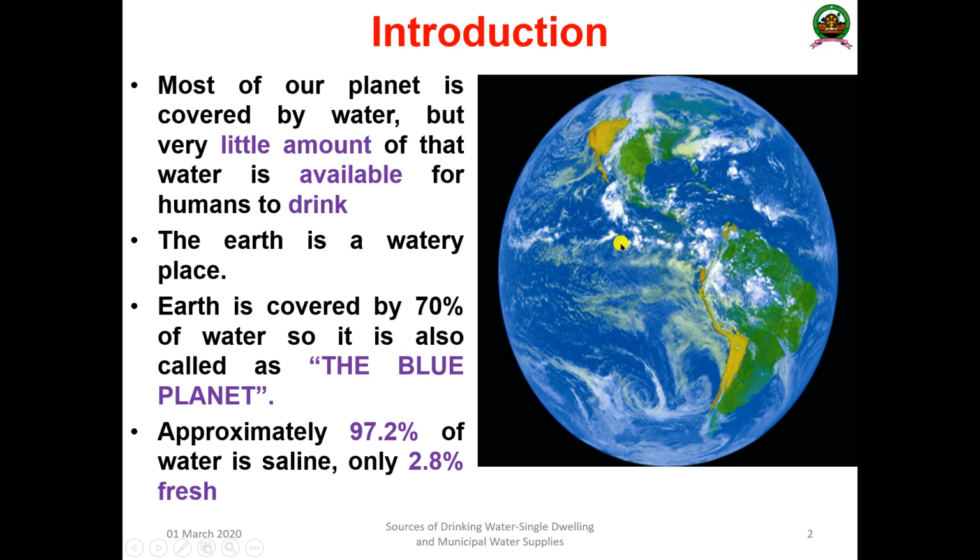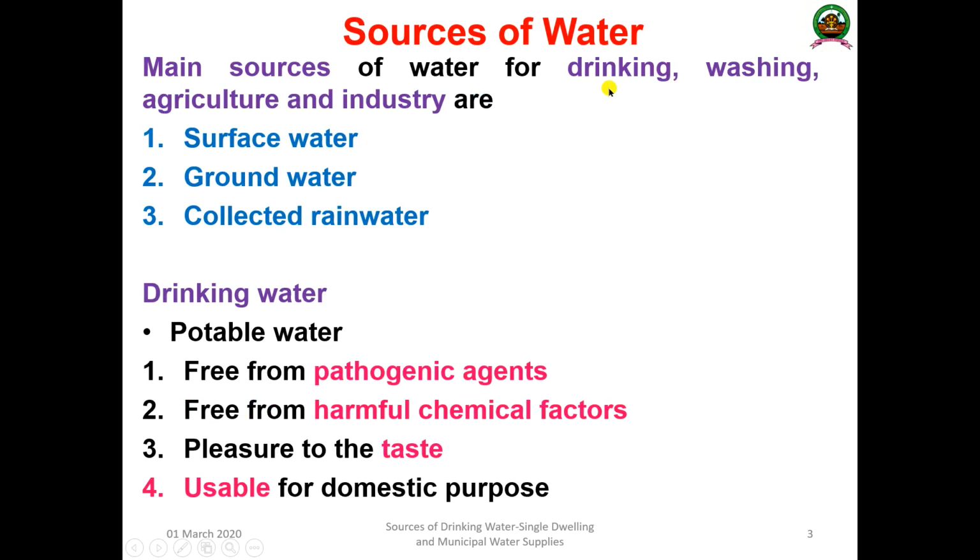Approximately 97.2% of the water is considered ocean water or saline water. Only 2.8% is considered fresh water. So the water which is able to be drunk is only approximately 3%. And what are the major sources of water?